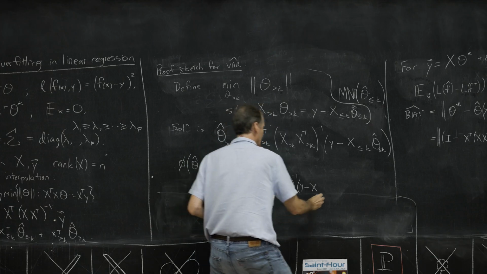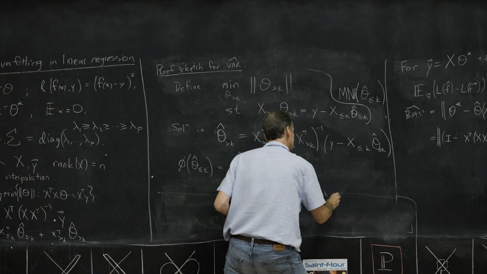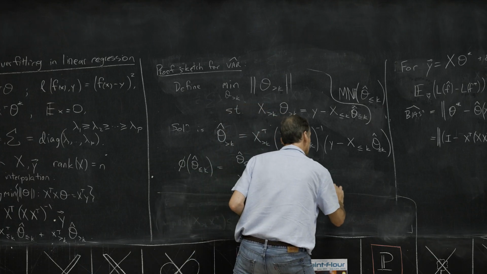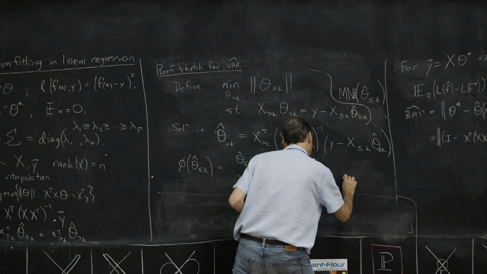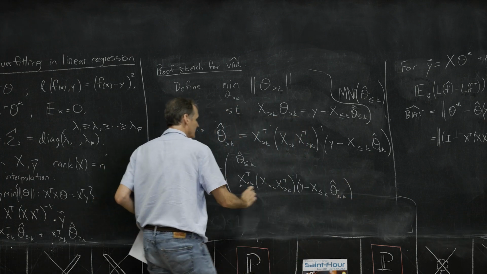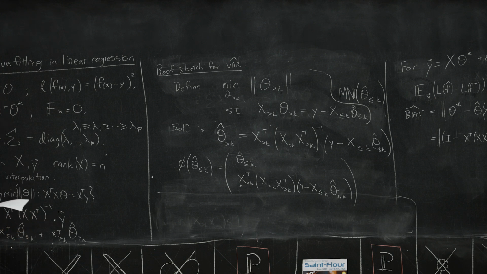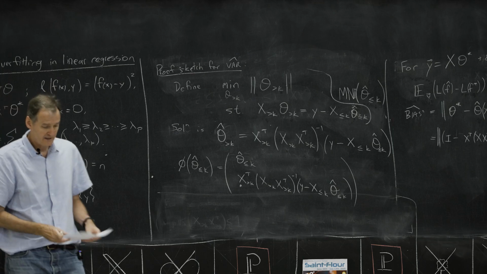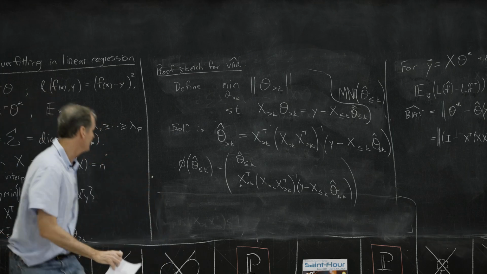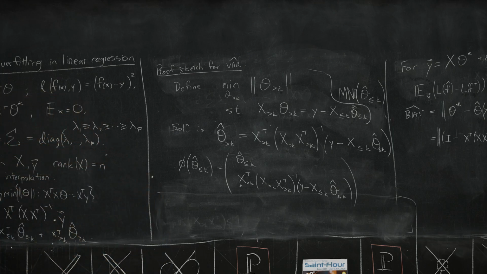So this whole thing is an affine map from R^k to R^p, giving the solution to this optimization problem with a fixed theta hat less than or equal to k, and we want the one of minimum norm.